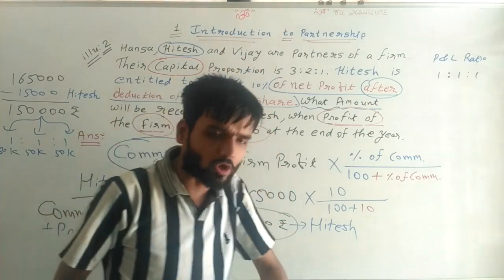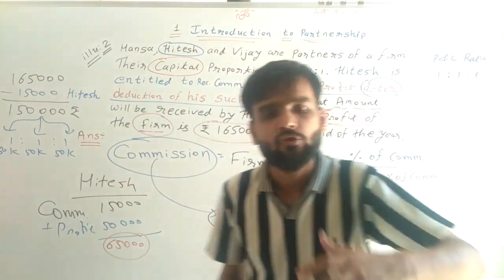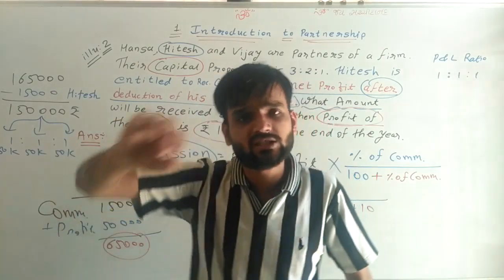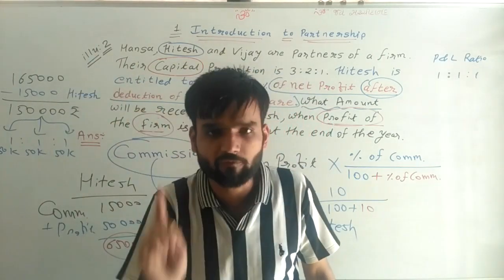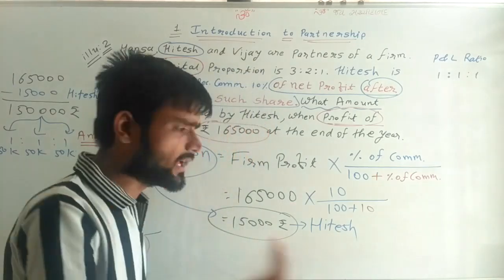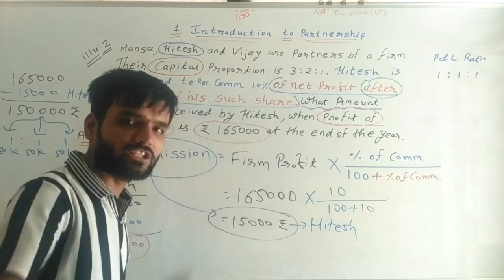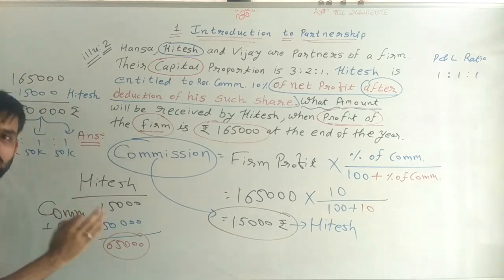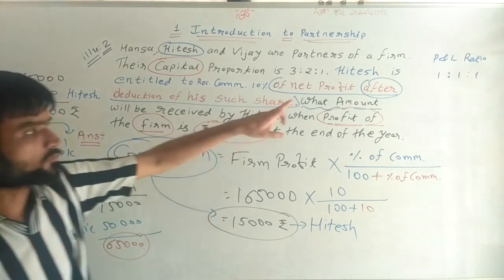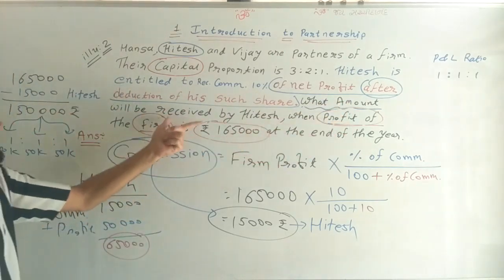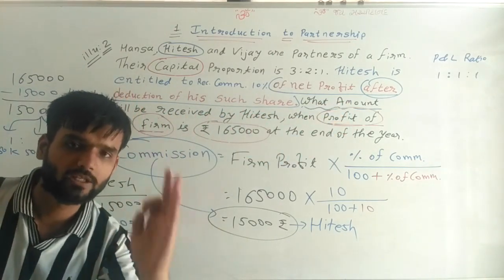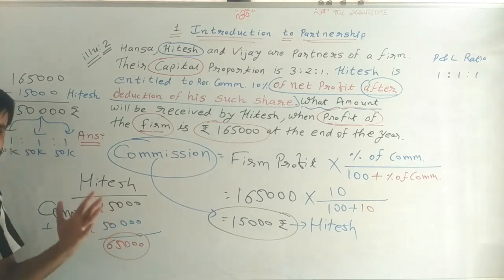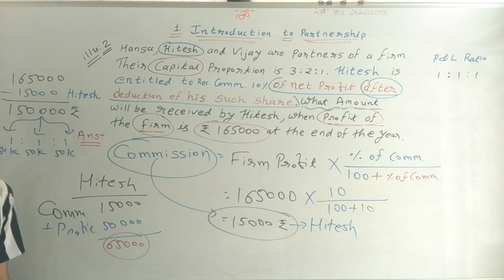So from the firm profit, all the partners received profit equally, 50, 50, 50. But one extra thing, commission of 15,000, was received by Hitesh. So Hitesh received a total of 65,000, and that is my answer. What amount will be received by Hitesh? Hitesh will receive 15,000 plus 50,000, total 65,000 rupees.